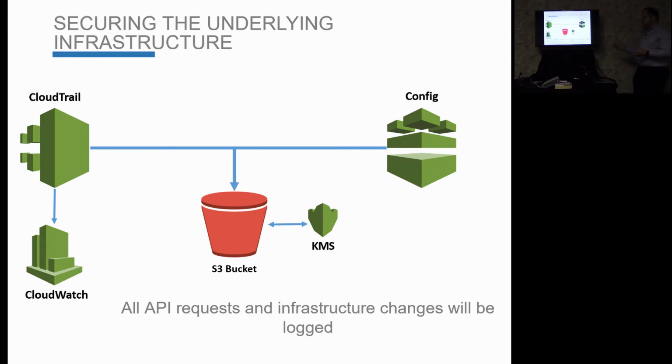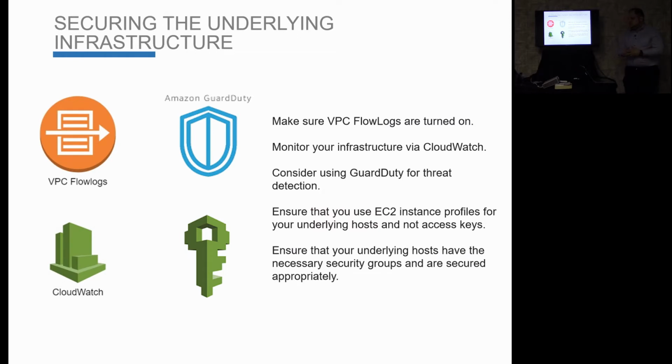So on an account level, make sure your Config and CloudTrail are set up and that it's been logged to an S3 bucket secured by KMS. Make sure you've got VPC flow logs turned on for your VPC. Make sure that you at least are logging what's going on inside of your application, either to CloudWatch or some other kind of logging tool. And then potentially look at using GuardDuty. GuardDuty is a fairly new service, which is a managed threat detection tool for AWS.